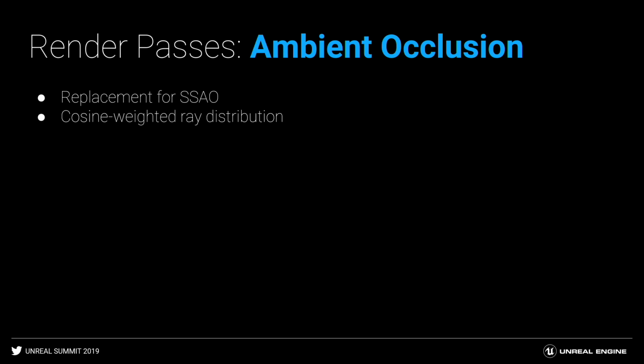The ray generation shader for ambient occlusion will fire rays with a cosine weighted distribution, based on the normal and depth information in the G buffer, and then it'll record the hit and miss ratio. And one of the advantages of doing it with ray tracing is that you have information from the scene that you wouldn't get with just screen space data.